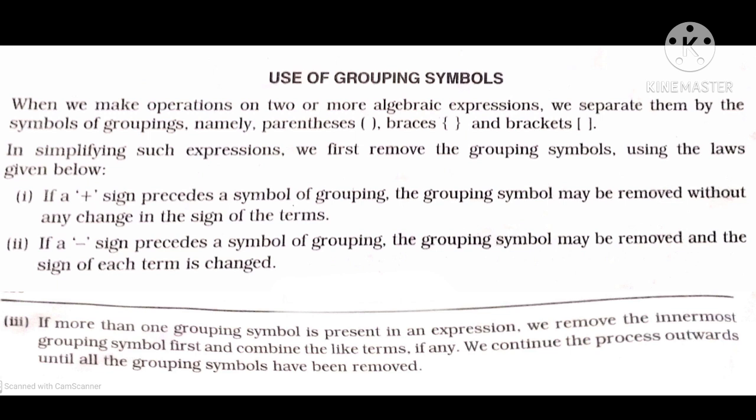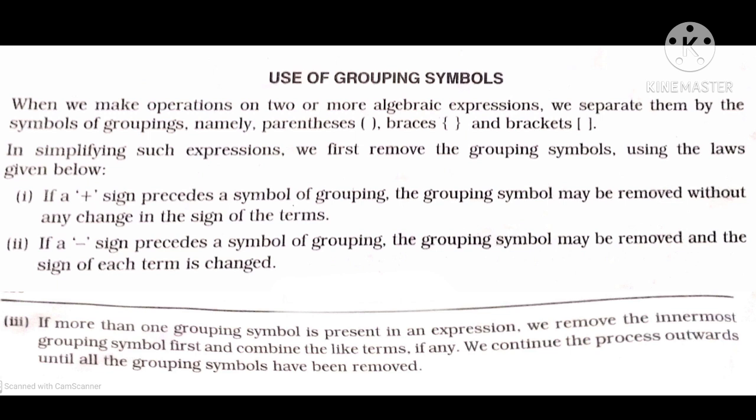The third point is, if more than one grouping symbol is present in an expression, we remove the innermost grouping symbol first and combine the like terms if any. We continue the process outwards until all the grouping symbols have been removed.